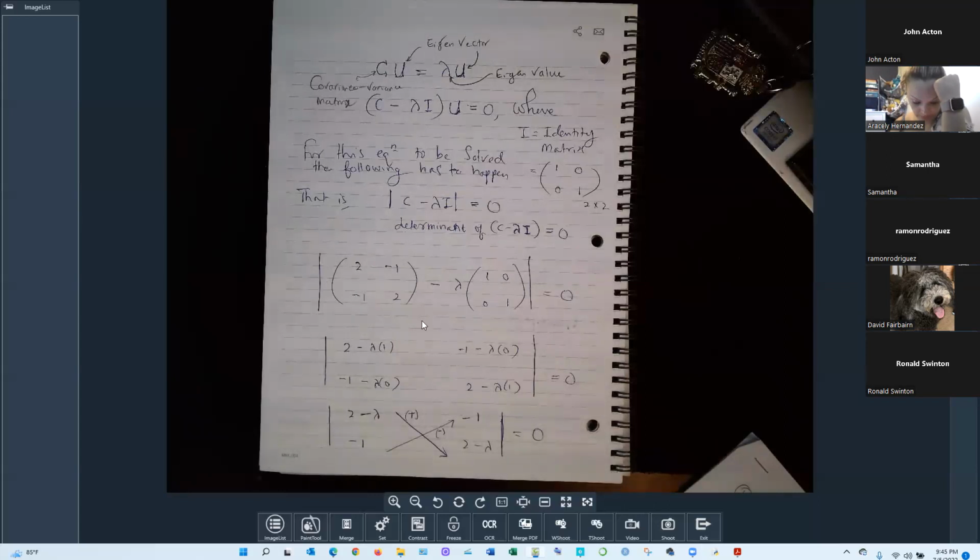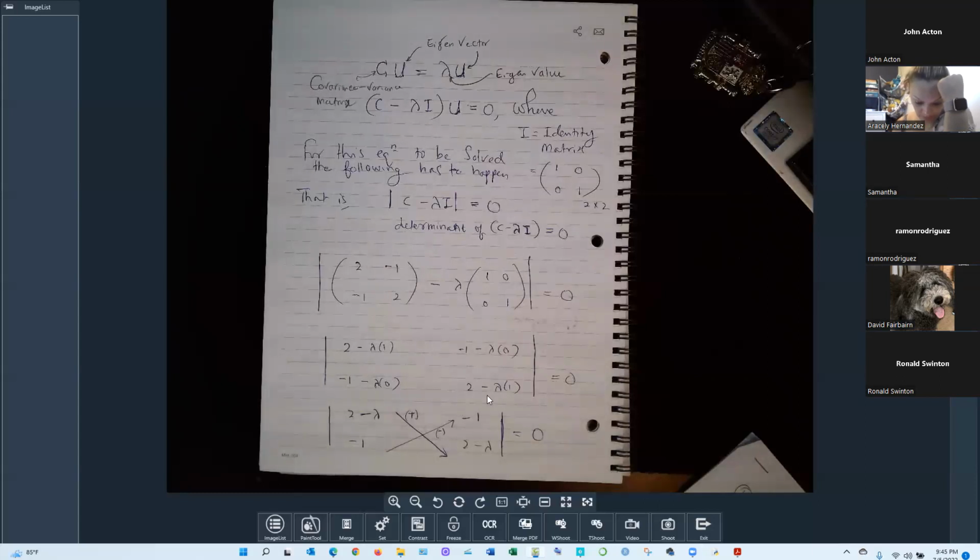Then we're going to simplify this one a little bit. 2 minus lambda. From this one you get the first element. See? Minus 1 minus lambda times 0. Minus 1 minus lambda times 0. See? All the elements.